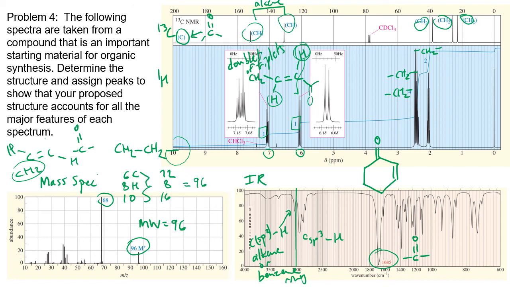All right, so let's go ahead and see if this all works out. So here's our structure. And so we will call this HA, HB, those are HC, those are HD, and these are all HEs.